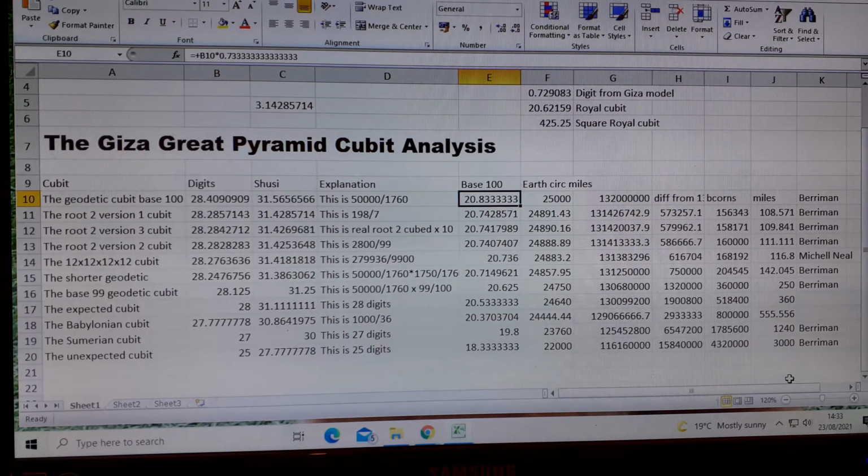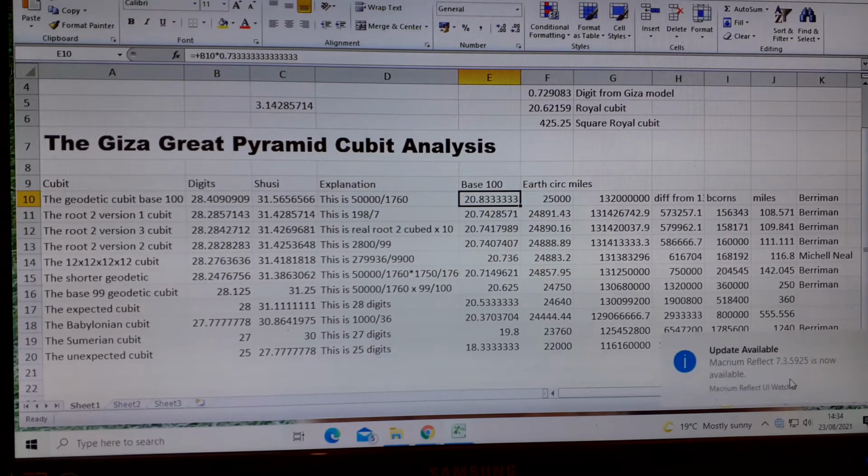I've just been absolutely stunned by what this spreadsheet has just shown me, because I've introduced Shusi into it. And what we find is that when the digit is the root 2 calculation, the Shusi is 10 pi.